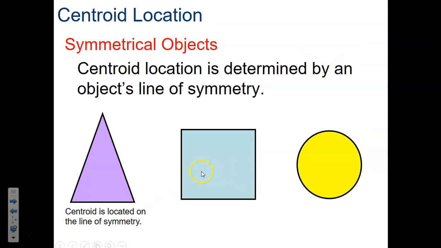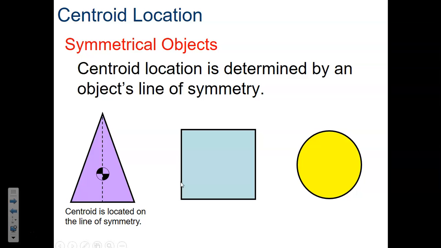So the centroid of an object can be found one way with lines of symmetry. Okay, so here we can draw a line of symmetry on this triangle, mirror image to the left and to the right. I cannot draw one horizontally though, and we know that the centroid would lie somewhere on that line of symmetry, but I can only draw one.